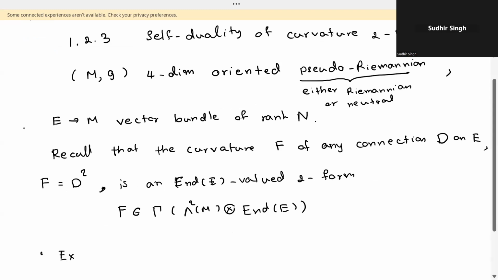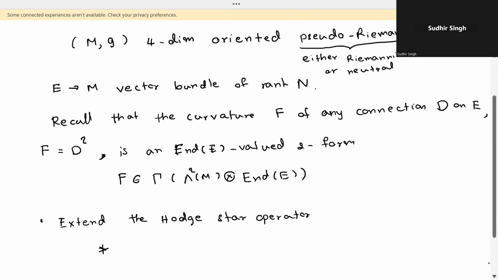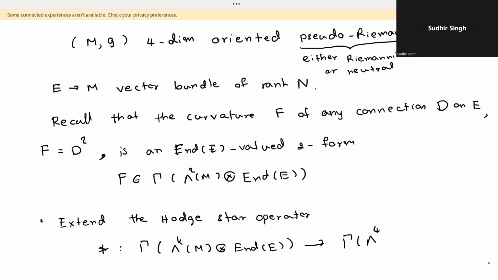So we extend the Hodge star operator so that it acts on End(E)-valued k forms, so it's a section of this, to End(E)-valued 4 minus k forms, because we are in 4 dimensions.